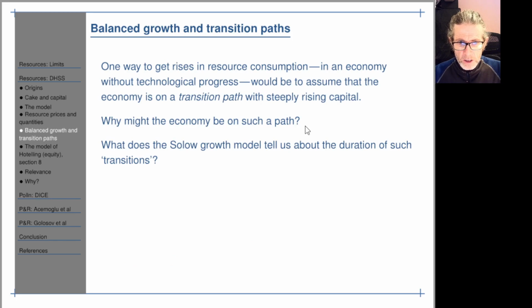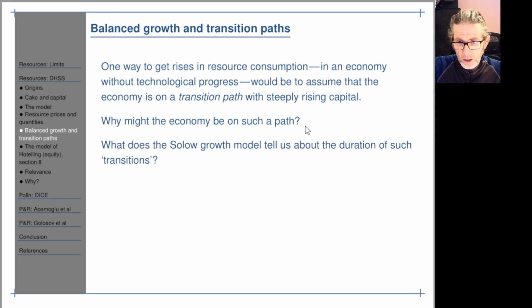One way we could get rises in consumption in an economy without technological progress would be to assume that the economy is on a transition path with steeply rising capital. But that's actually hugely difficult to justify. Partly you have to explain how come the economy got into a position with way too little capital.